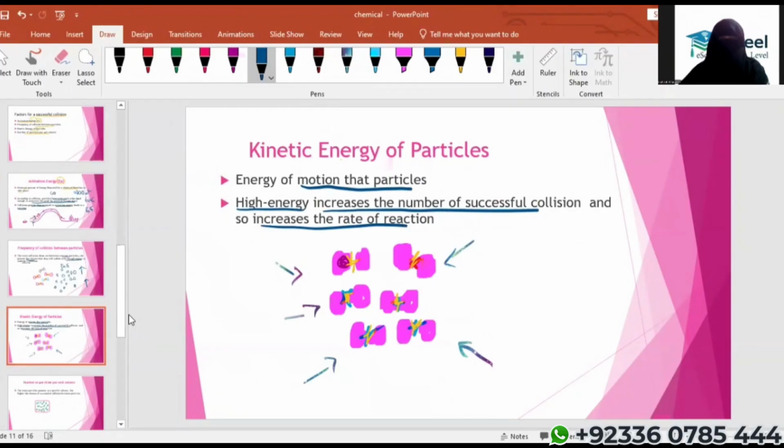If particles have high energy, this will increase the number of successful collisions because we know that for a reaction to occur, the first thing is particles must collide with each other, and the second thing is that they need to have energy that is greater than or equal to activation energy. Only then will there be a successful collision and a reaction will take place. So, if particles have high energy, this will increase the number of successful collisions and so will increase the rate of reaction.